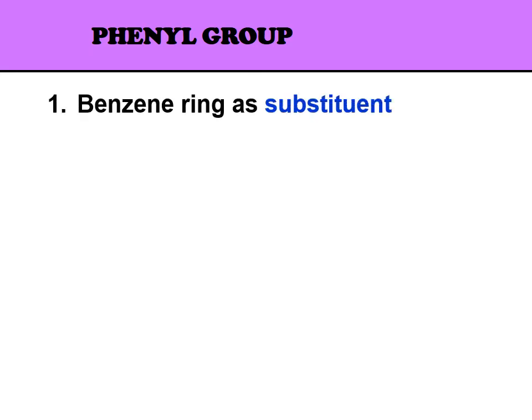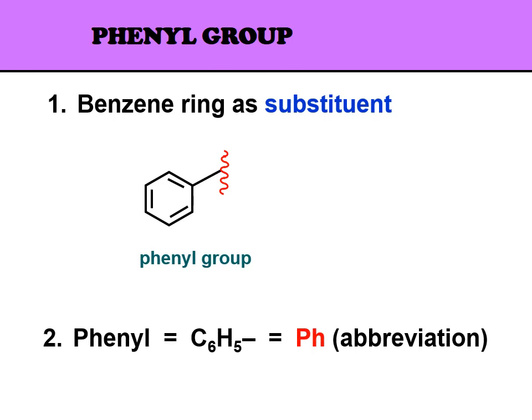Okay, so next one, phenyl group. Our benzene ring will be known as a phenyl group when it appears as a substituent. So here my benzene ring is a substituent. When it appears as a phenyl group, the formula will be C6H5.